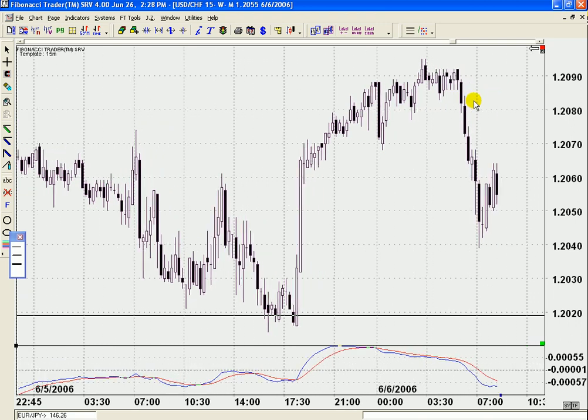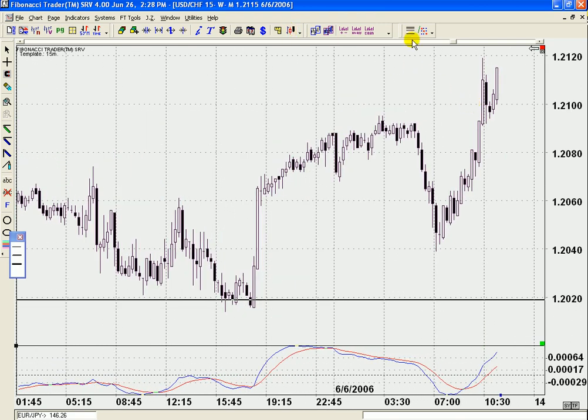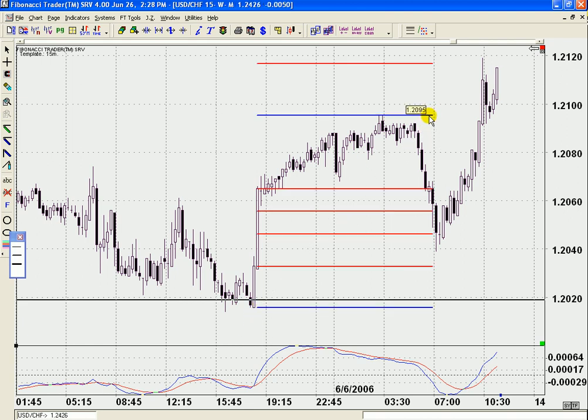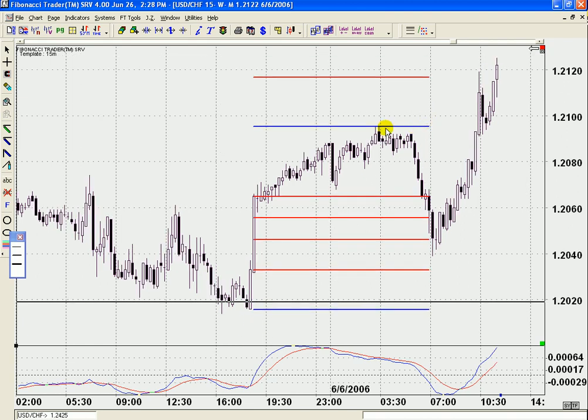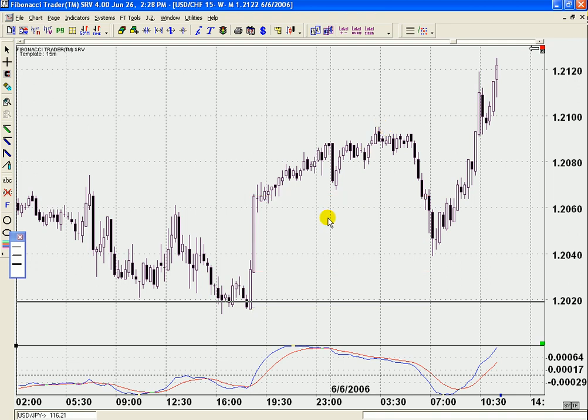So we have a divergence on all accounts. We have a divergence on the 4-hour, the 1-hour, and the 15-minute, all combined, all at a base level of support, and price responds accordingly.